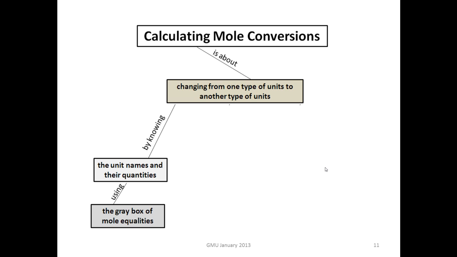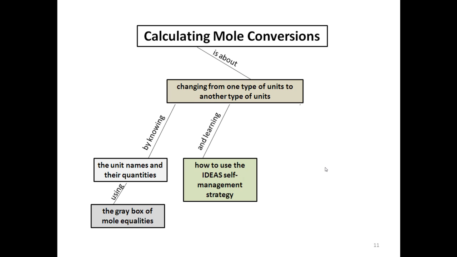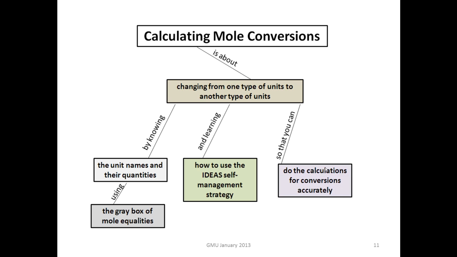And you're going to be using what we refer to as the gray box of mole equalities. More about that in another movie. Also, you'll be learning how to use the IDEAS self-management strategy. And that can help you to do the calculations for conversions accurately.